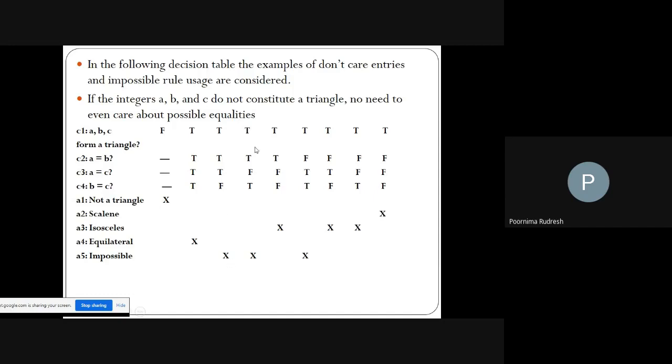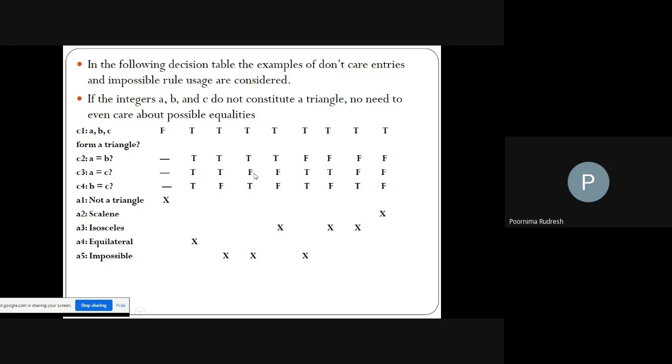Understood? Similarly, for the next rule, ABC forms a triangle, yes, but look at these two conditions: A is equal to B and B is equal to C. So from the C2, C3 and C4 conditions, we can verify that if A is equal to B and B is equal to C, then A is also equal to C. But here it is represented as false.